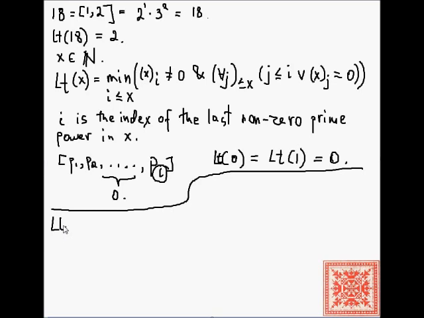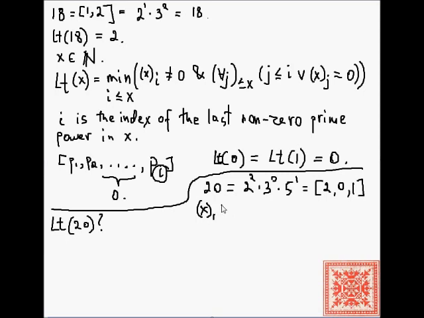Here is a simple example. What's the length of 20? The Gödel representation of 20 is 2 to the second times 3 to the 0 times 5 to the first, so it's 2, 0, 1. That's the Gödel representation. The first component of 20 is 2, where x in this case is 20.